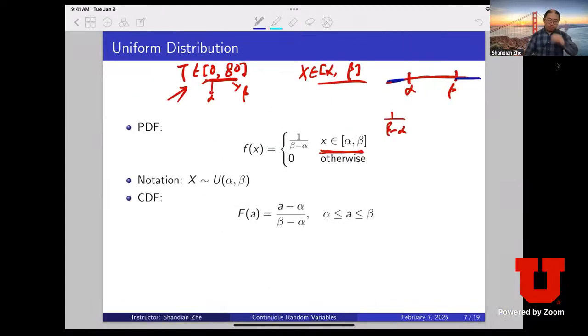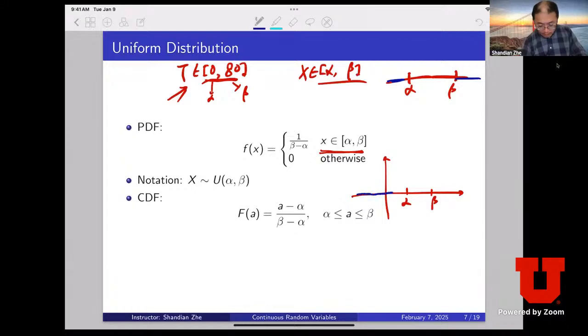Given this, maybe it's more convenient for me to draw here. To draw a PDF for uniform distribution, and this uniform distribution is specified by alpha and beta. So the PDF of this uniform distribution will look like this.